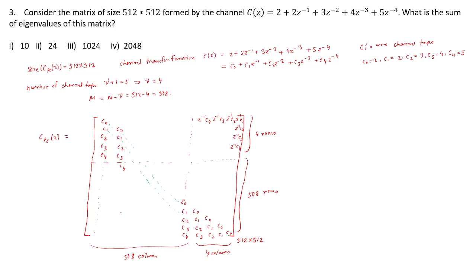The elements here are going to be 0. Here it's a big 0, here it's a 0. So although it's a 512 cross 512 matrix, only very few elements are non-zero here.